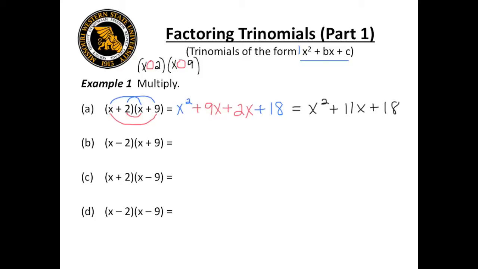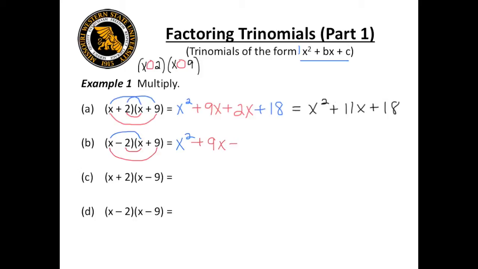Now let's use the same multiplication process to multiply the remaining 3 pairs of binomials. In example 1b, we start with first, x times x, outer, plus 9x, inner.